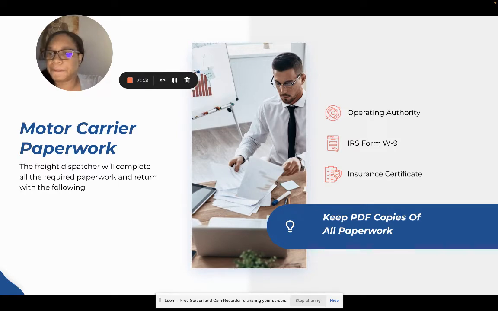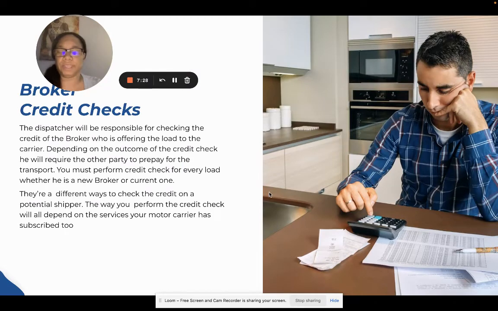Okay. Motor carrier paperwork. The freight dispatcher will complete all the required paperwork and return with the following. Okay. You can do broker credit checks. You will be responsible for checking the credit of the broker who was offering the load to the carrier.